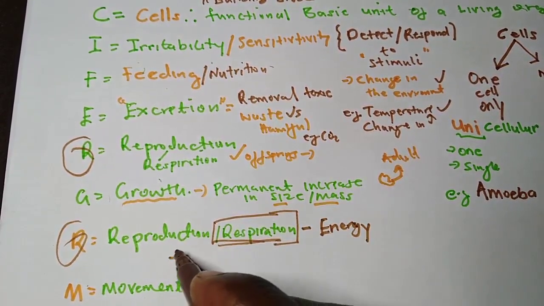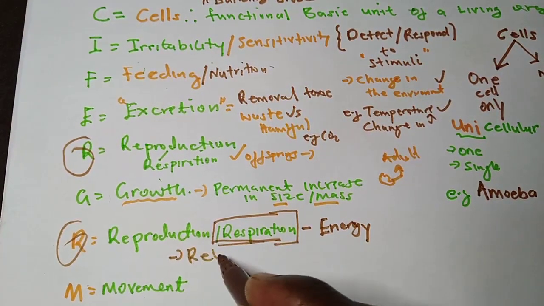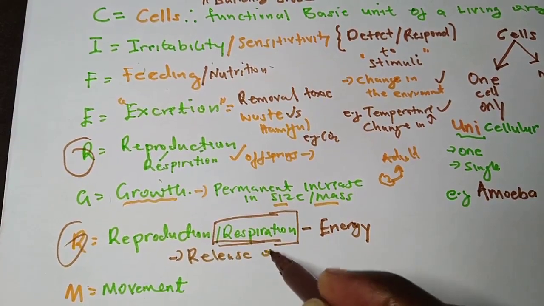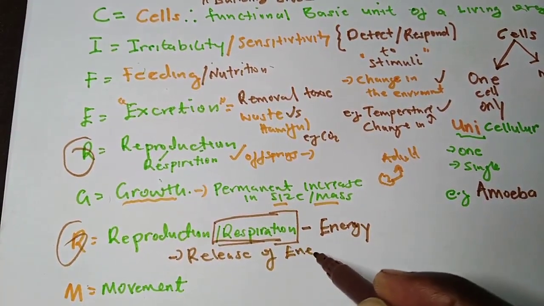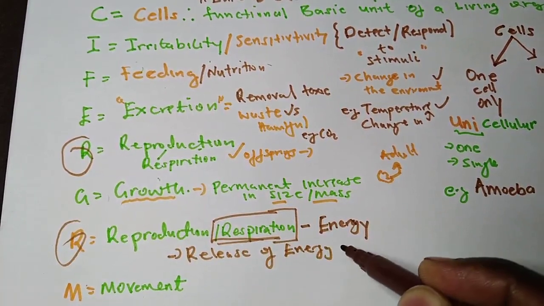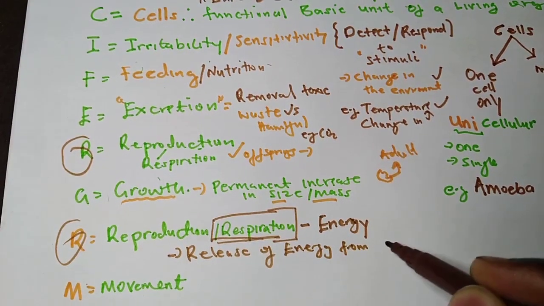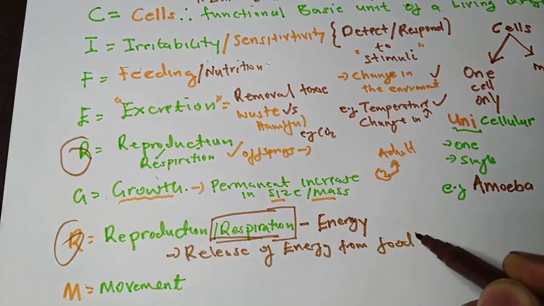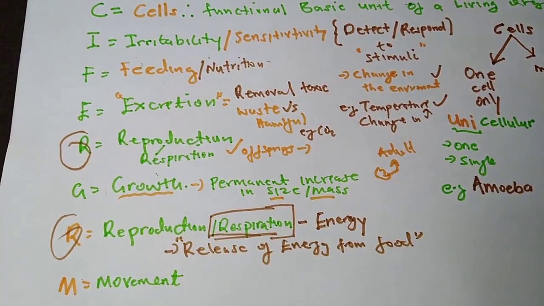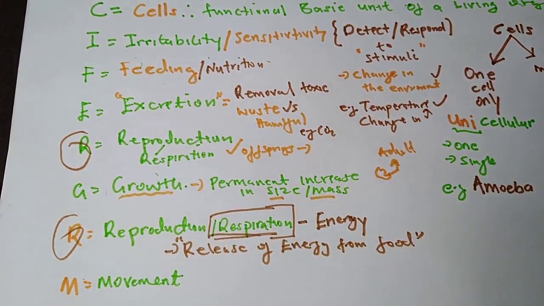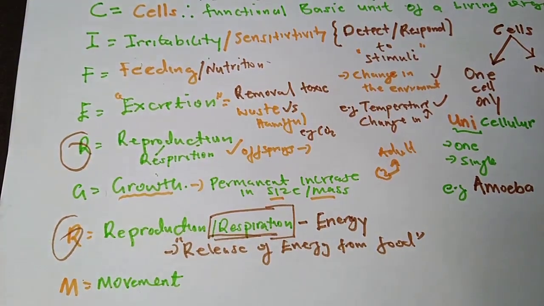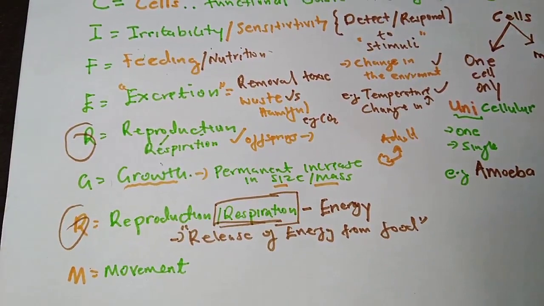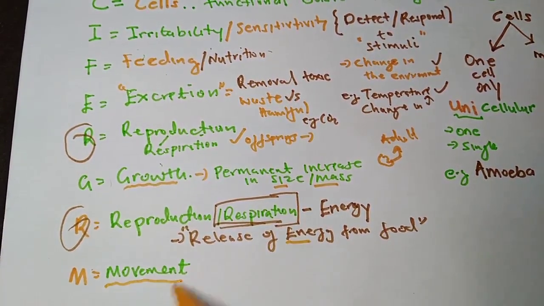So respiration is the release of energy from food. The body has to extract the energy from that food, and that energy is what we use to do various types of activities. One of those activities that we do when we have energy is movement.